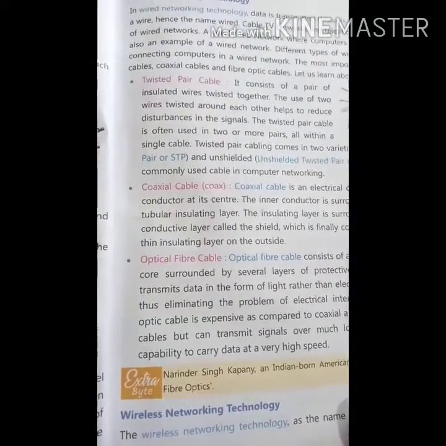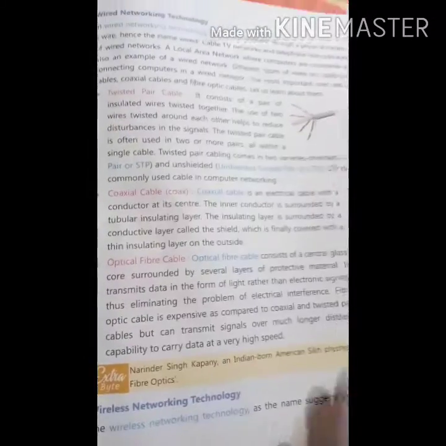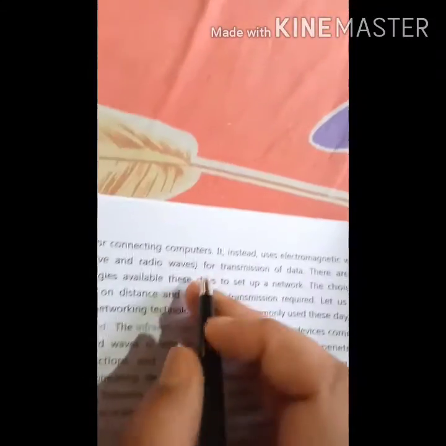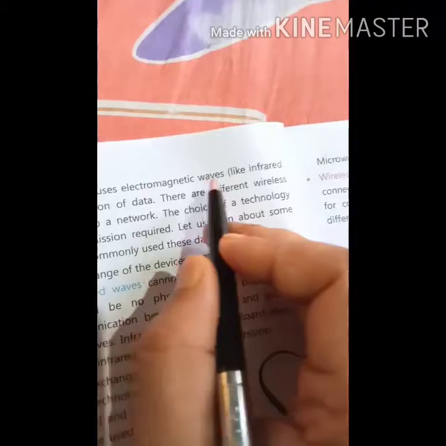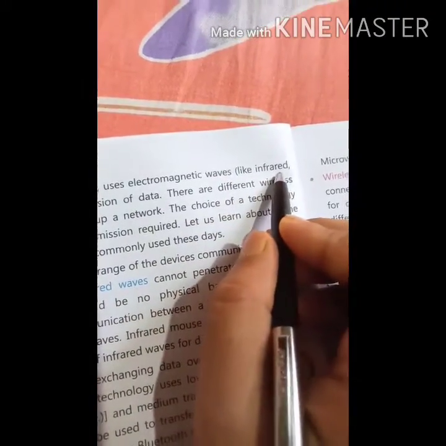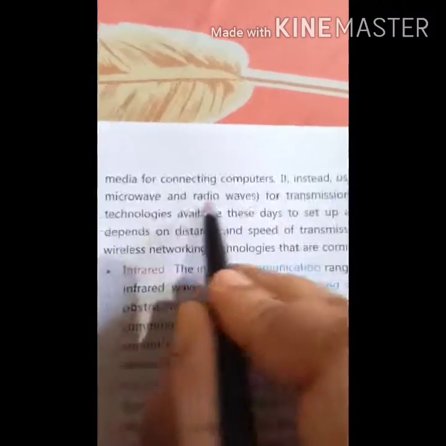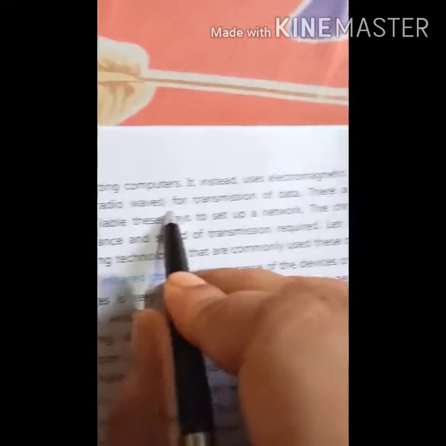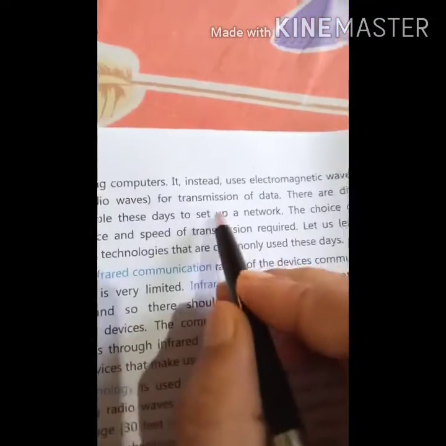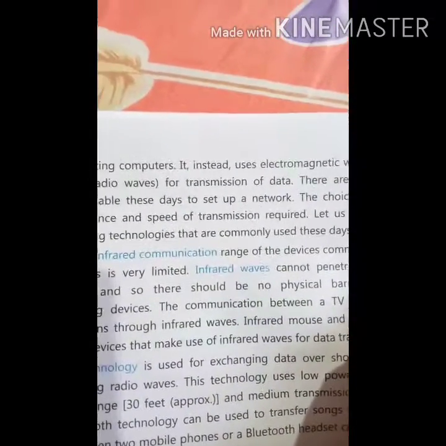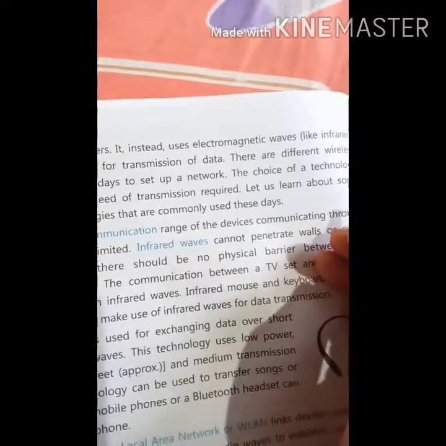We will use different types of devices to establish a network. In the network we use infrared signal, microwave signal and radio wave signal. These all three signals provide us the facility to transmit data from one computer to another computer.